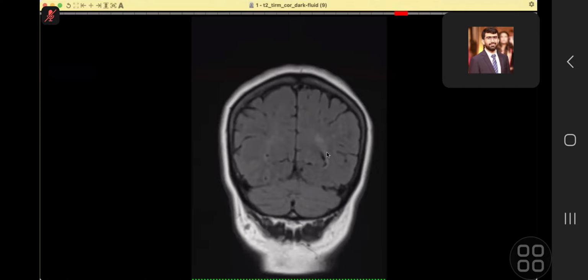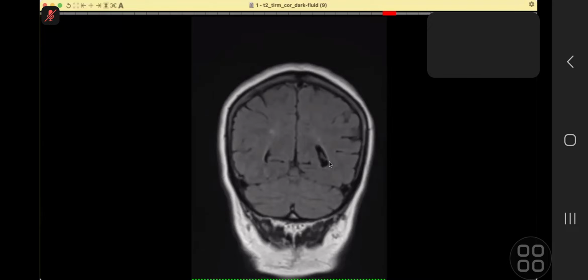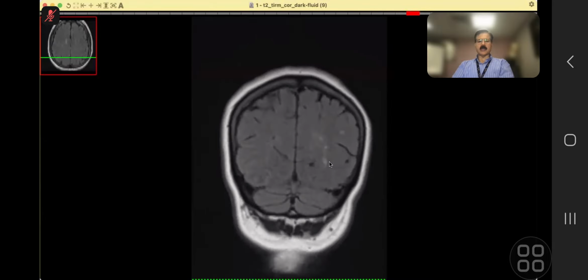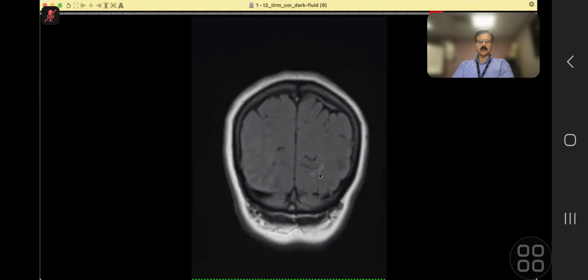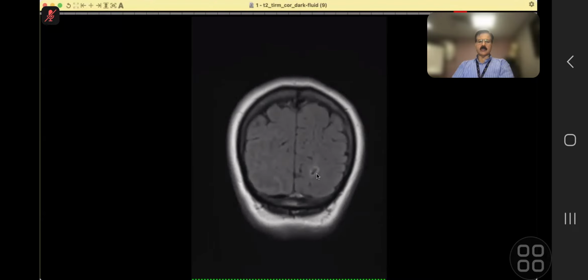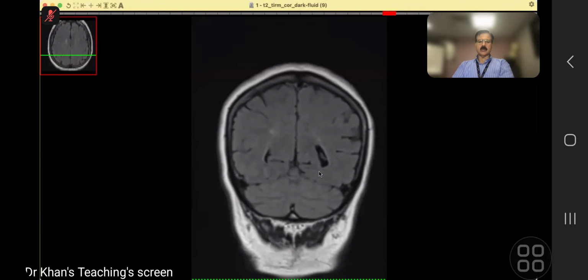Yes, sir. I can appreciate that there are T2 FLAIR hyperintensities along the sulci. No, this is not the sulcus where you are pointing out. This is just a periventricular region. That is not the sulcus. That is the white matter around the occipital horn.